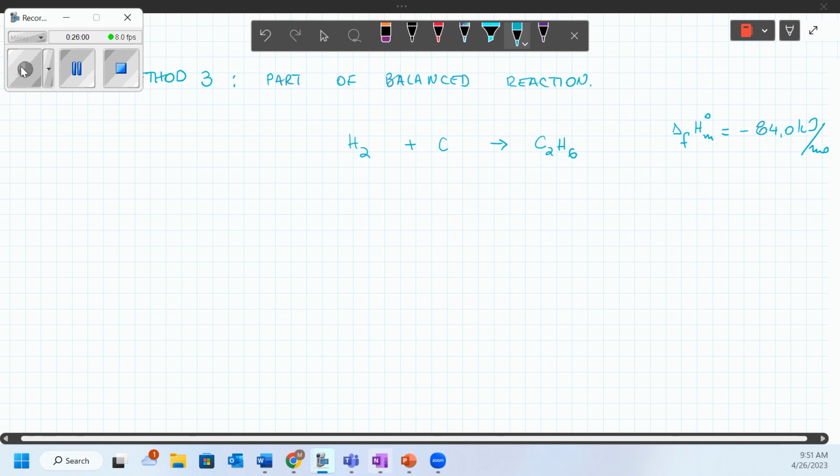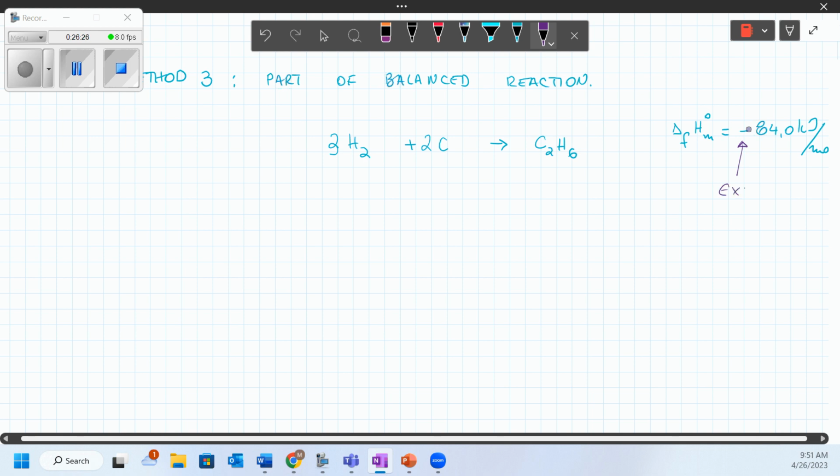Let's balance this. So the balanced reaction will be 3, 2, and 1. Okay, good. Now, the fact that we have a negative sign, what does this mean? Is it an exothermic or an endothermic reaction?